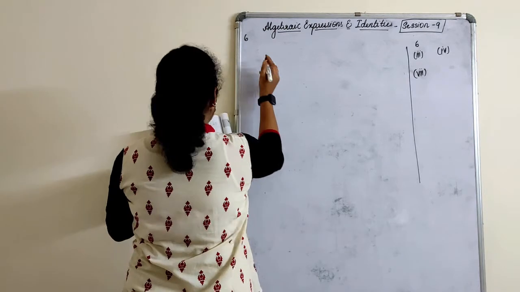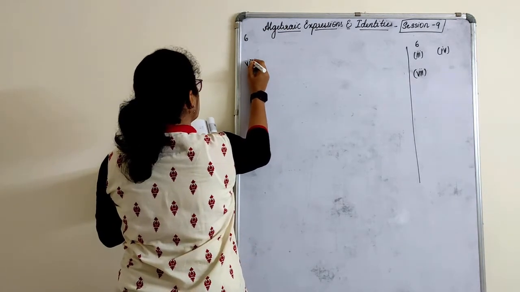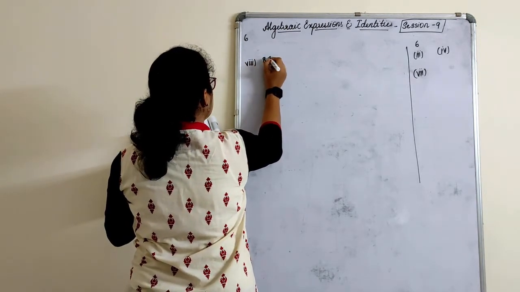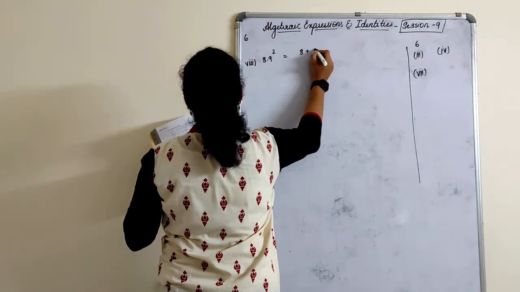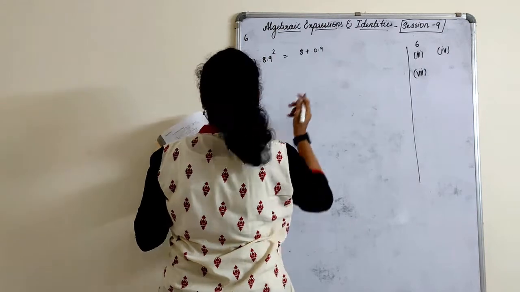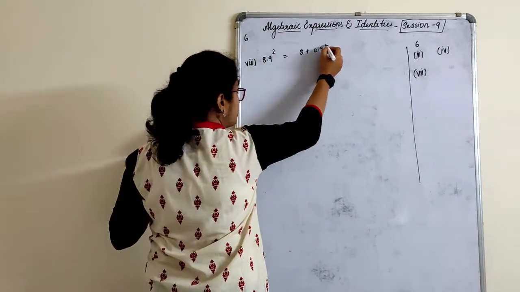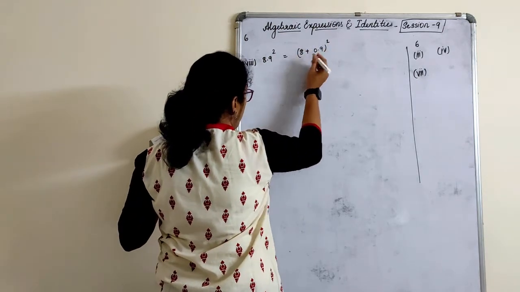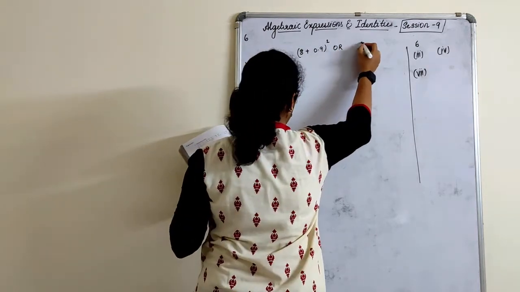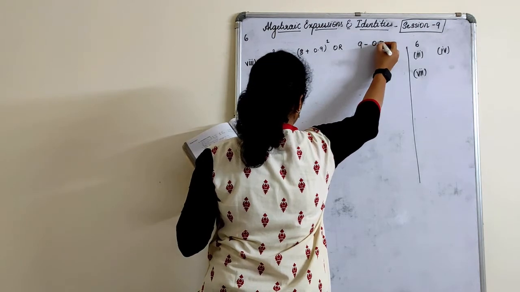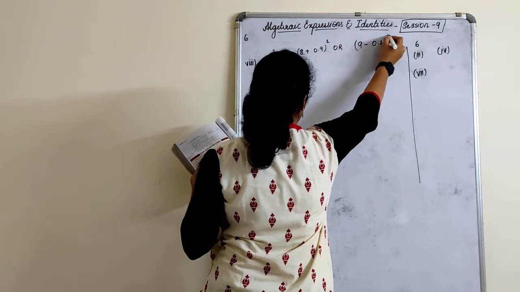Okay. The next is 8.9 whole square. So this is written as 8 plus 0.9 whole square. You can write both the methods I will show you, or this is also written as 9 minus 0.1 whole square.